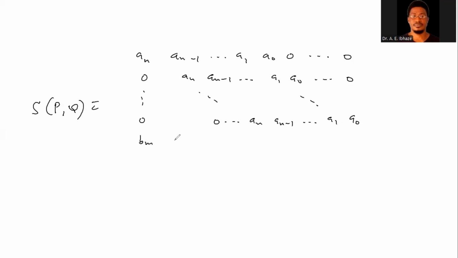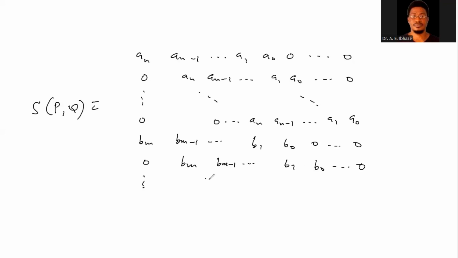Then we have b_m, then b_(m-1), b1, b0, 0, 0. Then we have 0, b_m, b_(m-1), b1, b0 all the way to 0.